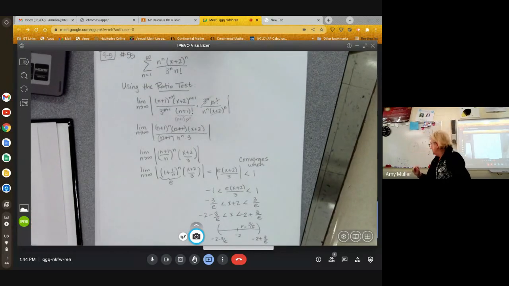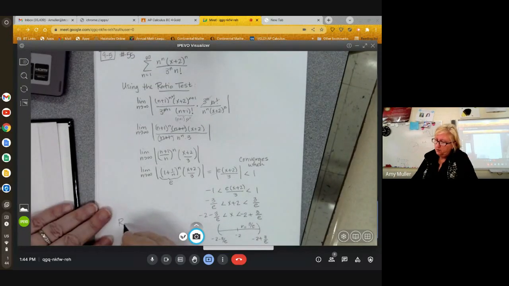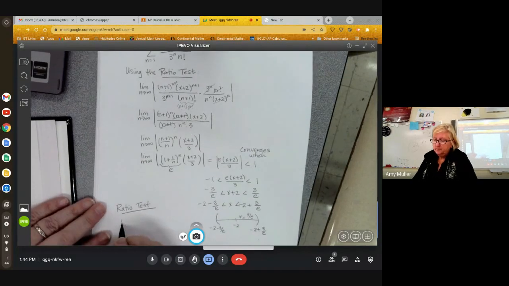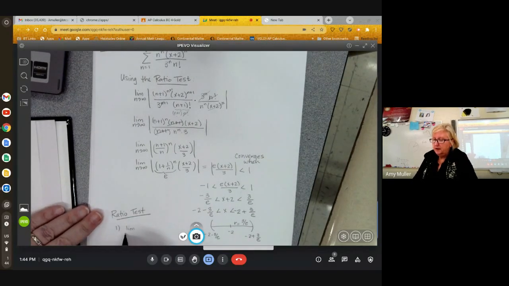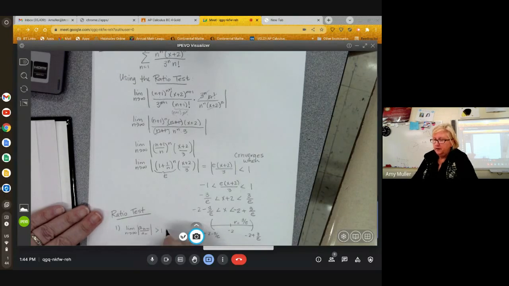Ratio test possibilities. 1, if the limit as n goes to infinity of a sub n plus 1 over a sub n is greater than 1, it diverges.